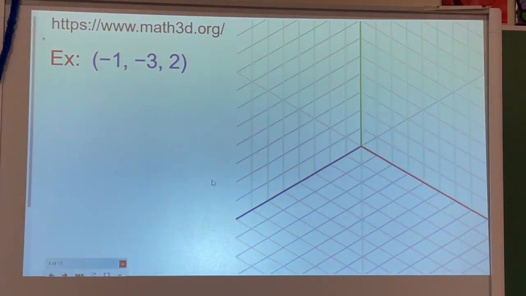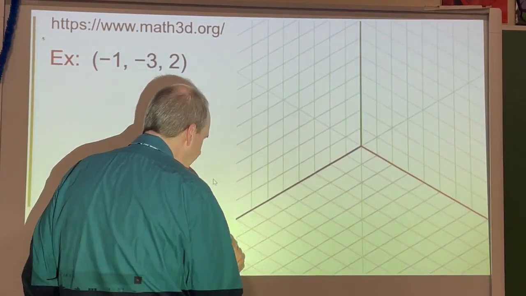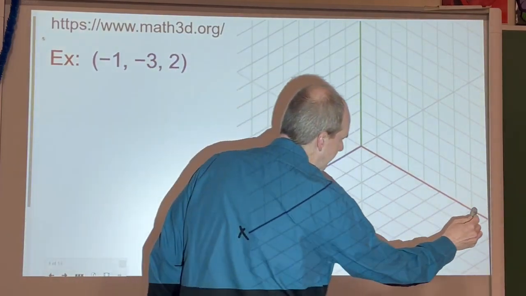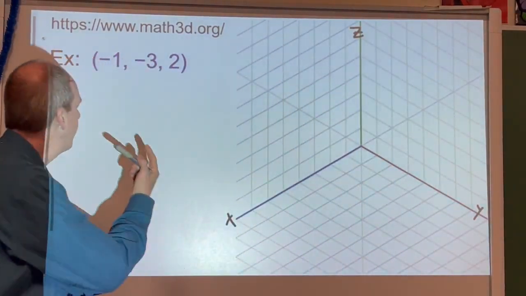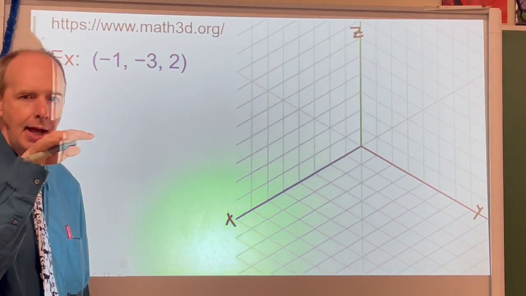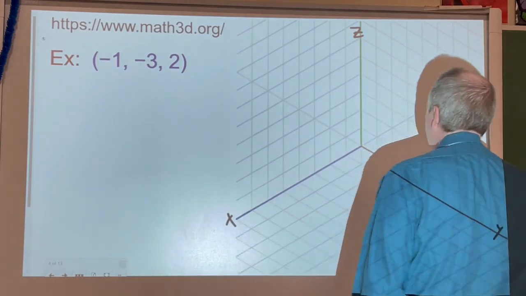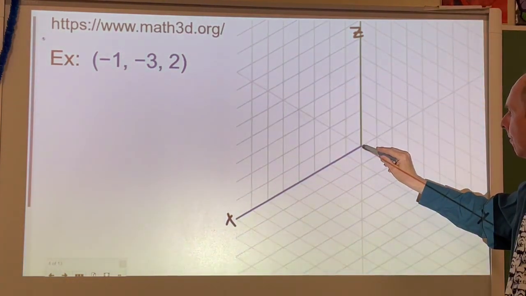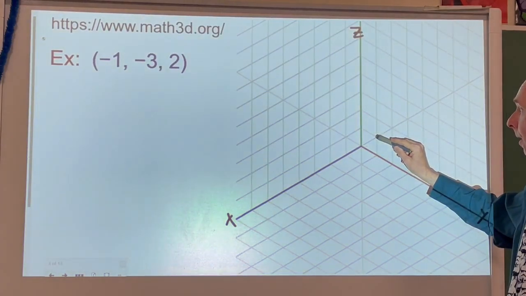So let's try another one. -1, -3, and 2. Keeping in mind, this is our X. This is our y. This is our z. So we're going to go left one. No, remember, x doesn't go this way anymore. How does x go? Oh yeah, out towards you, or negative would be back. So we're going here. Then we're going to -3 on the y.